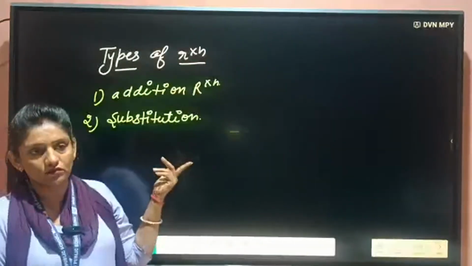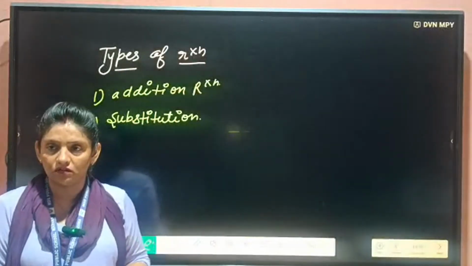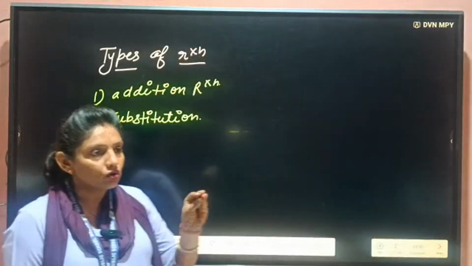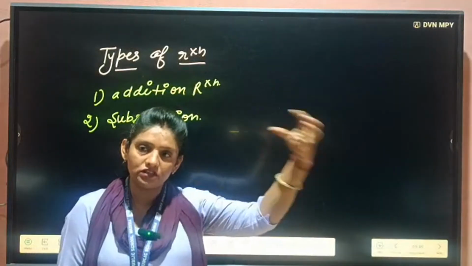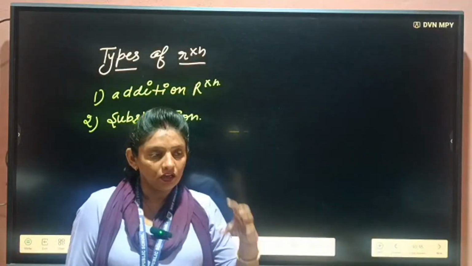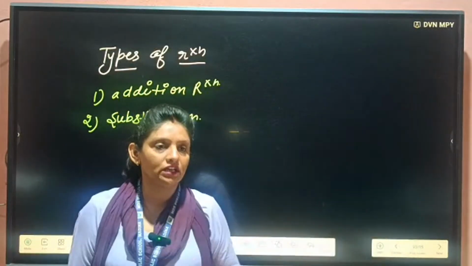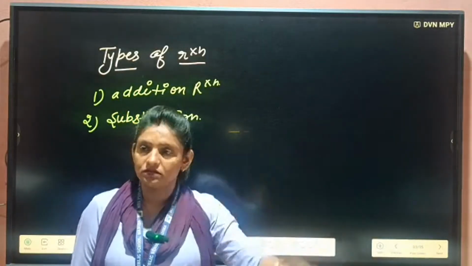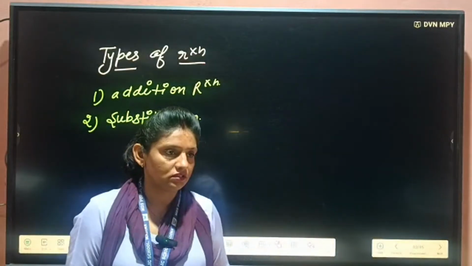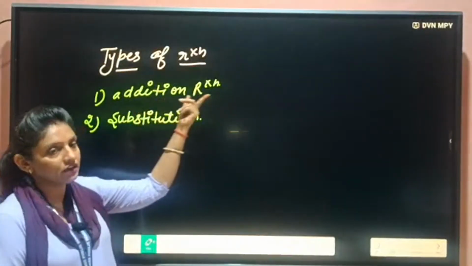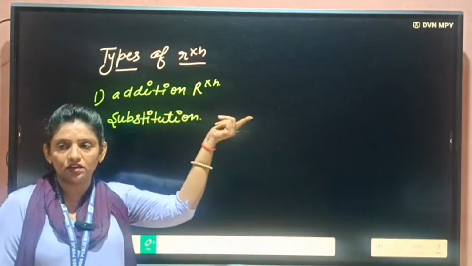Substitution is also the same thing. But here we will discuss nucleophilic substitution reaction, where one nucleophile will substitute another. Electrophilic substitution reaction, free radical substitution reaction. In this way we will discuss nucleophilic addition reaction, electrophilic addition reactions.